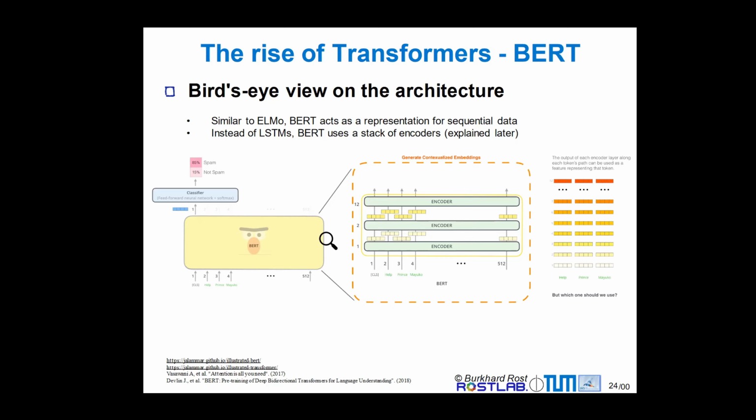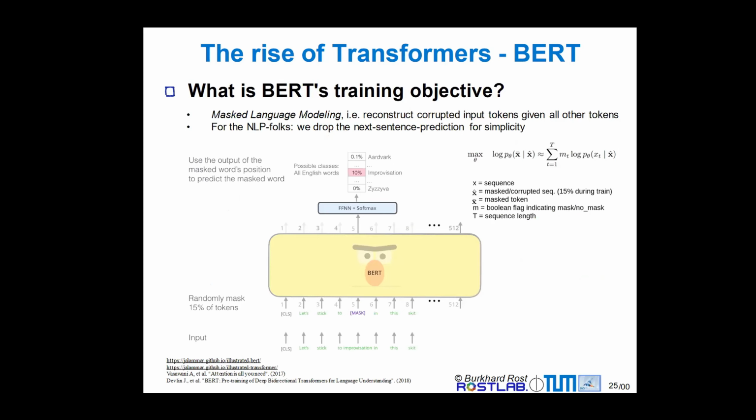The main difference is, instead of LSTMs, BERT uses a stack of transformer encoders, so attention layers. I will not go into details due to time reasons, but in a nutshell, they perform these expensive all-against-all comparisons. Performance-wise, great. Memory-wise, horrible. So this is a trade-off where you need to find a sweet spot in between.